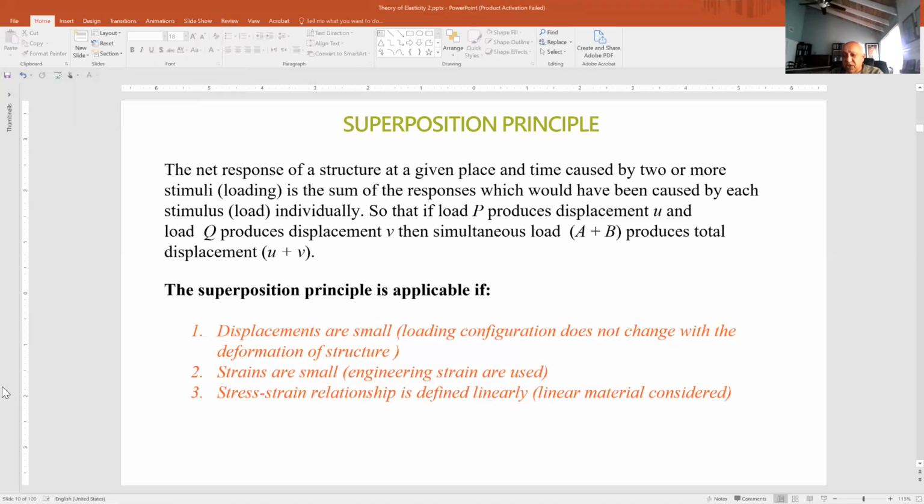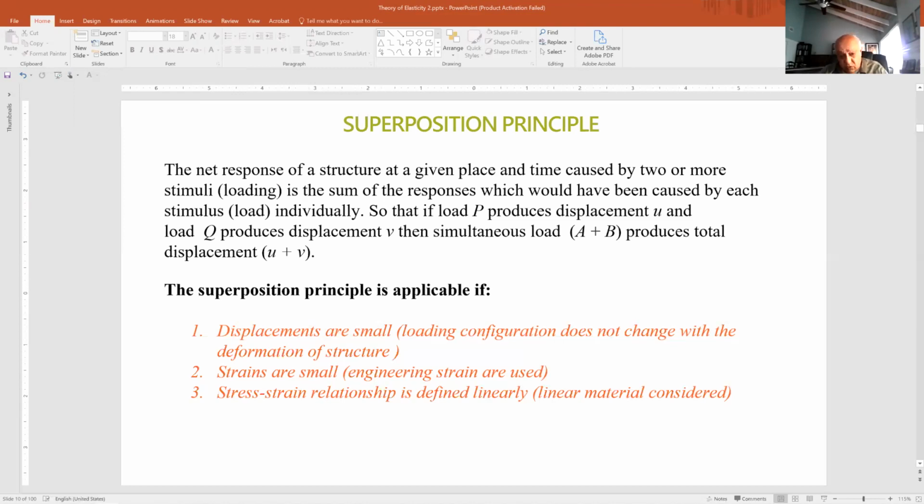Second, strains calculated are small. And thirdly, the stress-strain relationship, deformation versus load applied, is linear.